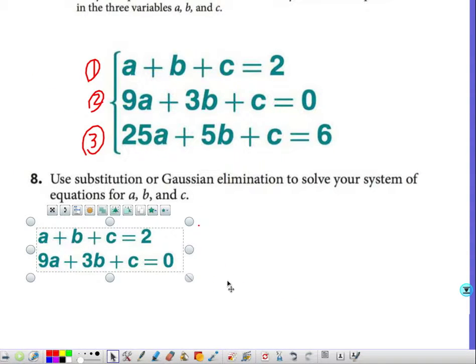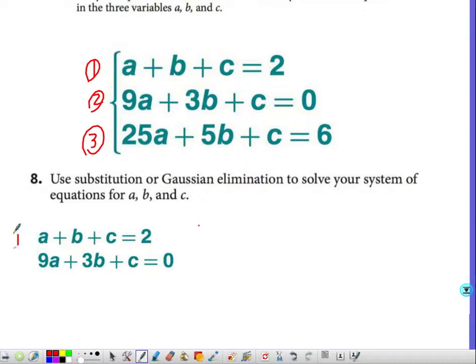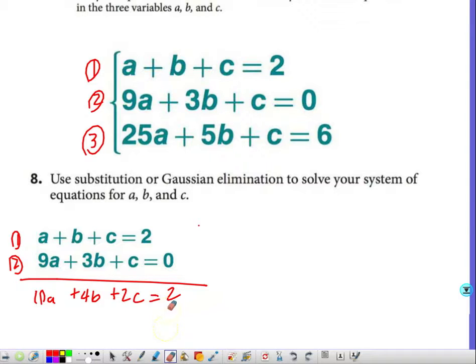So there are equations 1 and 2. Now if I add these together, notice I get 10a plus 4b plus 2c equals 2. Now nothing gets eliminated, and that's the whole point of elimination. I want to find what variable I can eliminate when I add them together.